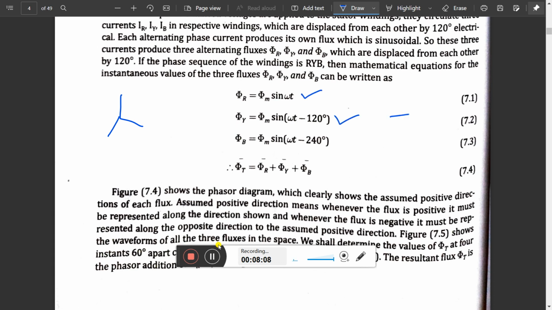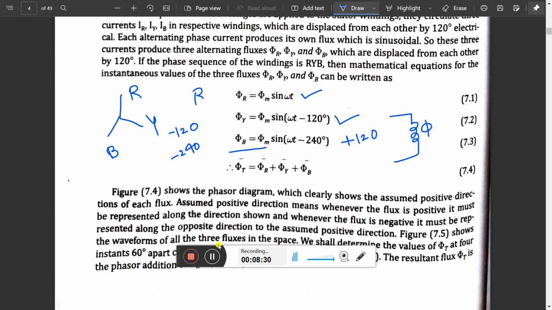Whenever you give supply to any winding, it will produce flux, isn't it? These fluxes have a 120 degree displacement. Here we can observe R, Y, B, that is minus 120, minus 240. We can also write plus 120.